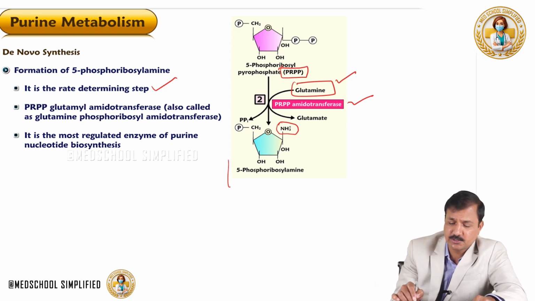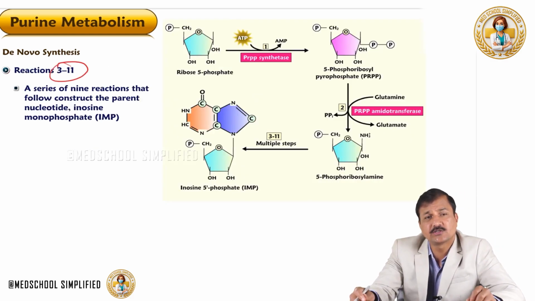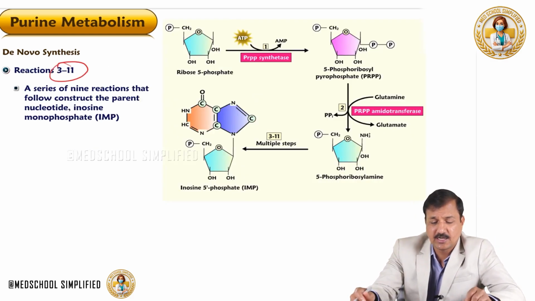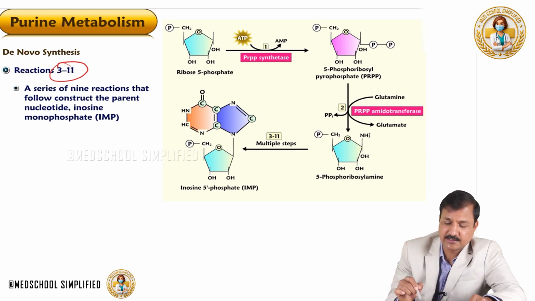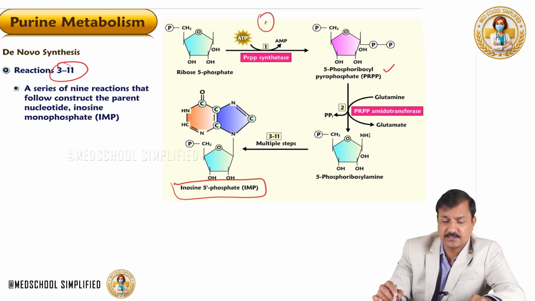Once we get 5-phosphoribosylamine, it will undergo reactions 3 to 11, and at the end of the 11th reaction we are going to get inosine monophosphate. So, ribose-5-phosphate to PRPP is reaction number 1, done by the PRPP synthetase enzyme.